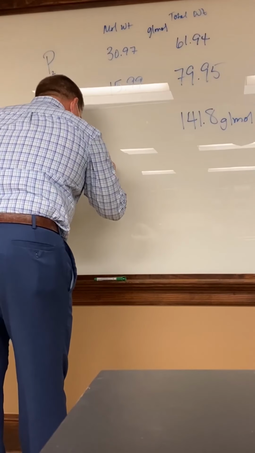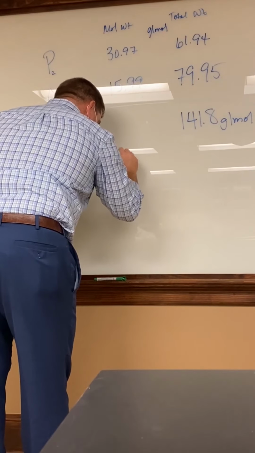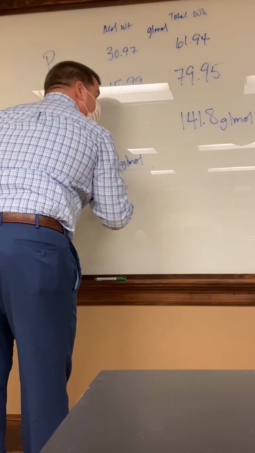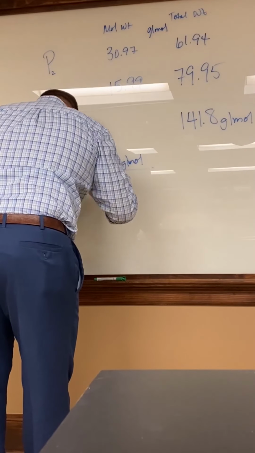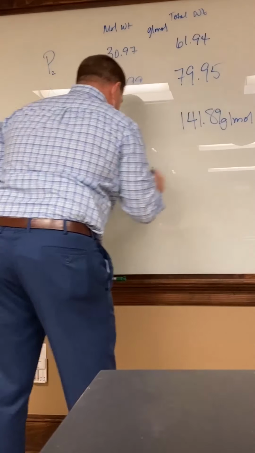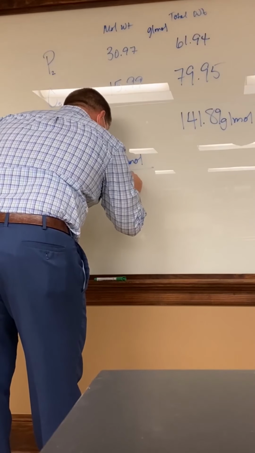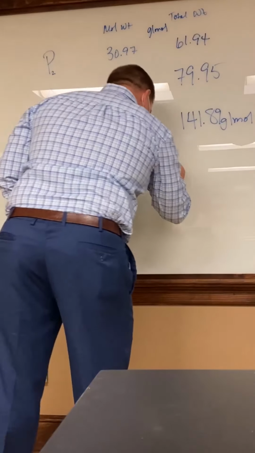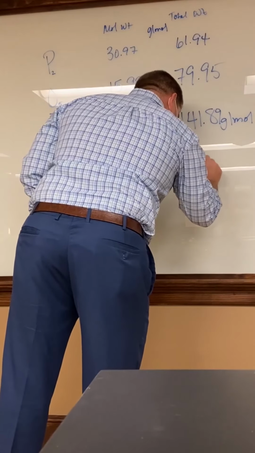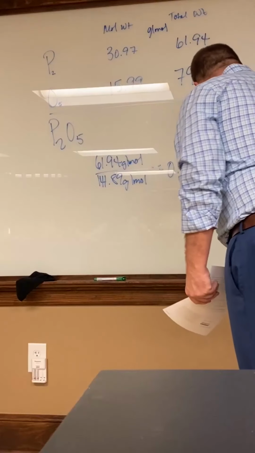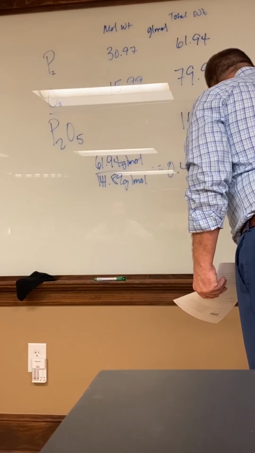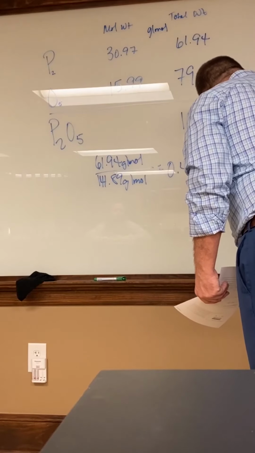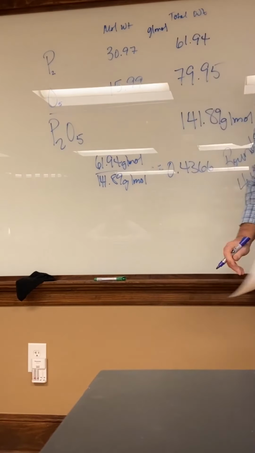Of that, 61.94 grams per mole divided by 141.89 grams per mole equals 0.4366. We're going to round that to 44% to make the math easy. 44% of the P2O5 molecule is actual phosphorus.